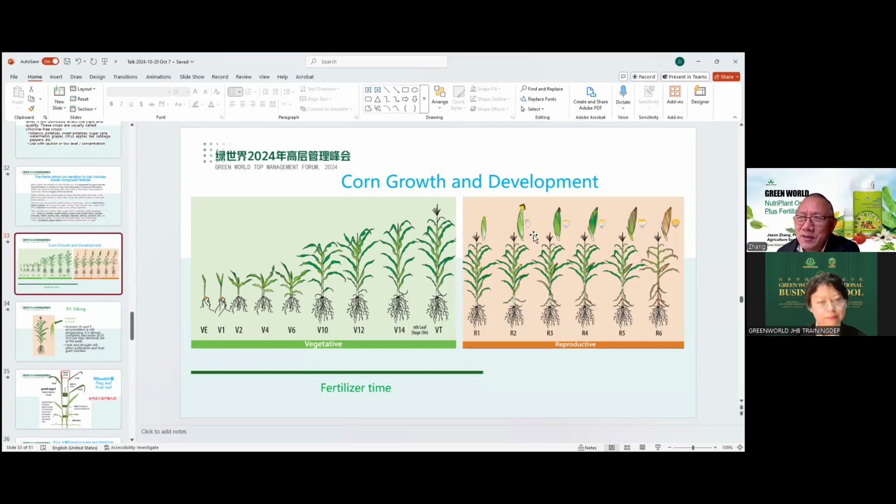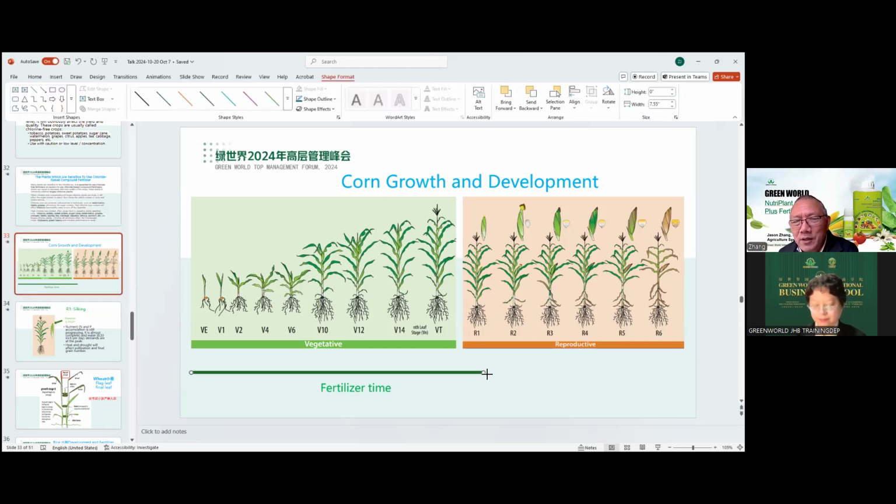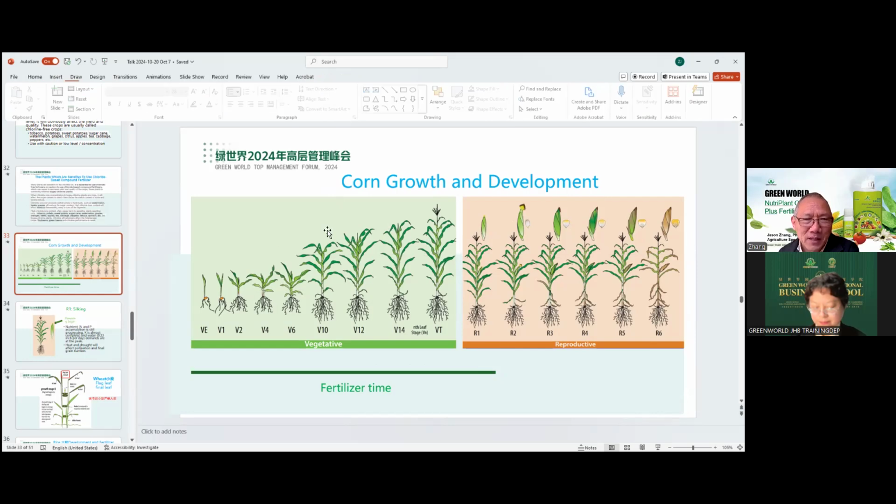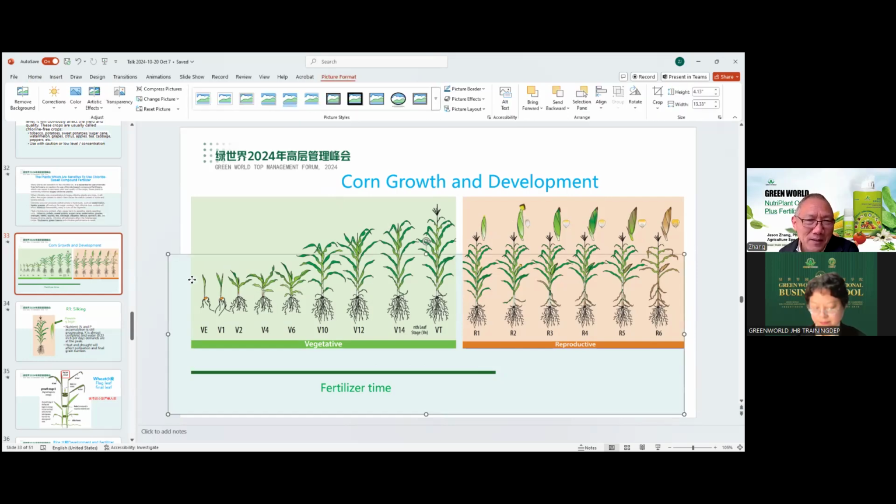When the flower color starts coming, they start the reproductive phase. So what fertilizer it should have here, it's something we can move this line. This line we can put here or a little bit longer. It depends on what crop. Oh, I'm okay. I didn't mess up. I think I did mess up my slide.